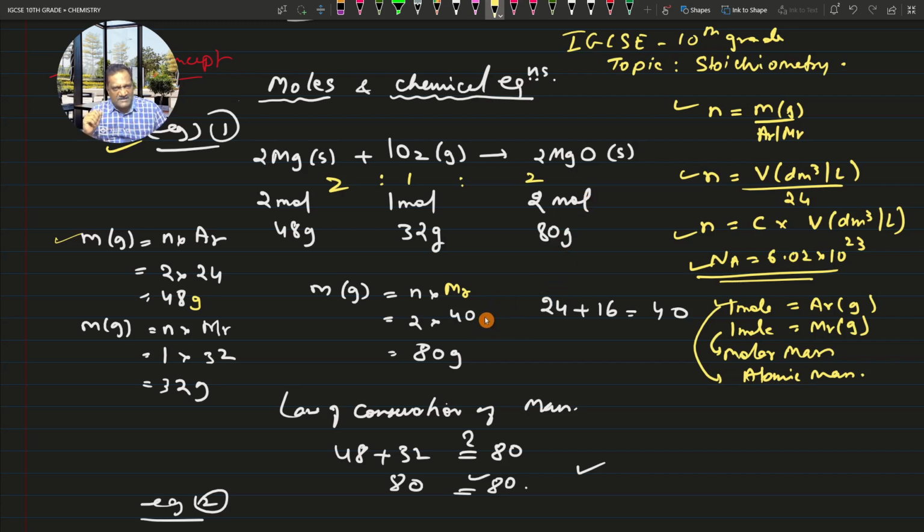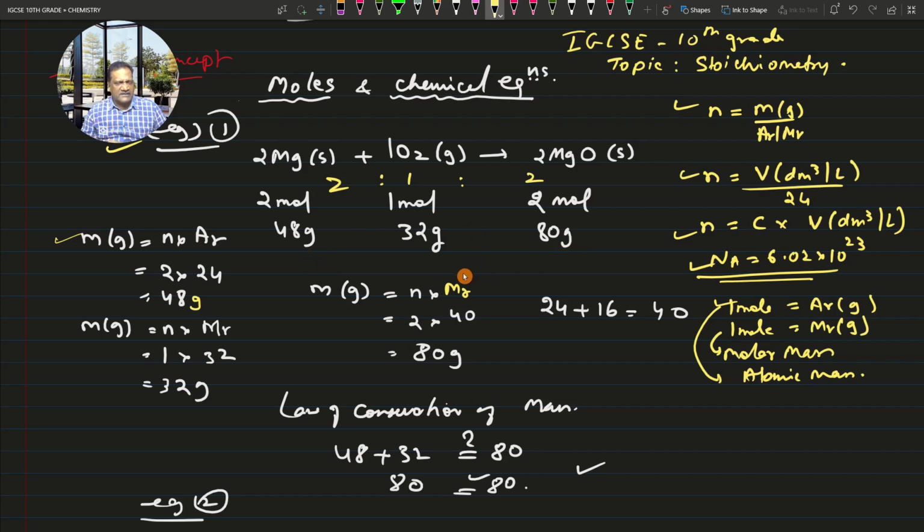So MgO means atomic mass of Mg is 24 and oxygen's atomic mass is 16. So 24 plus 16 works out to 40 and that happens to be the MR of this MgO, and that multiplied by 2 will give you 80 grams. So in this MgO column, I have put 80 grams.